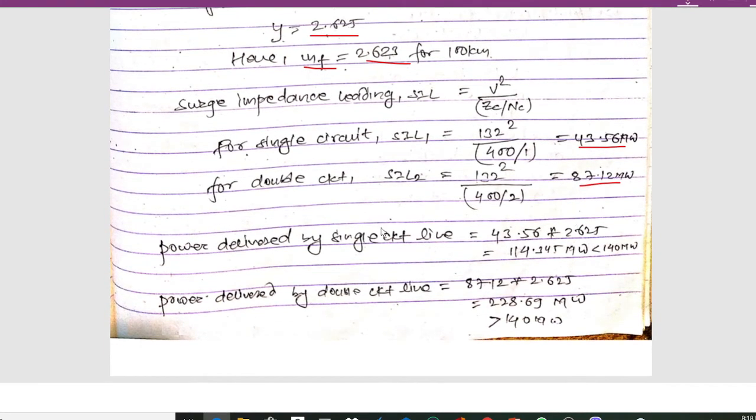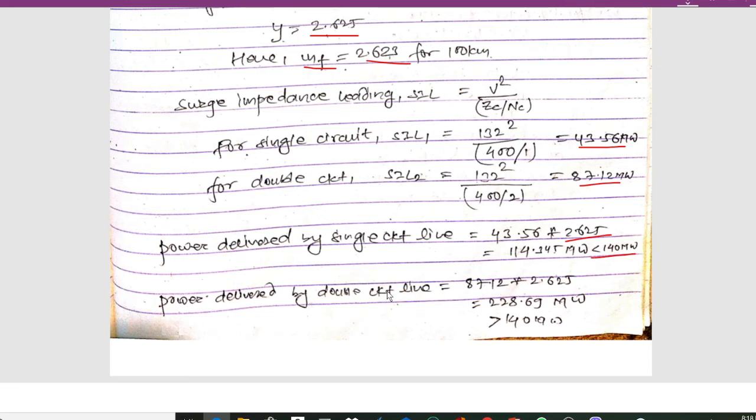And here the power delivered by the single circuit line is given as 43.56 into 2.625, where 2.625 is the multiplying factor we just obtained for the 100 kilometer line. So if you multiply the surge impedance loading by MF, you get the power delivered by the single circuit line, and this is less than 140 megawatt.